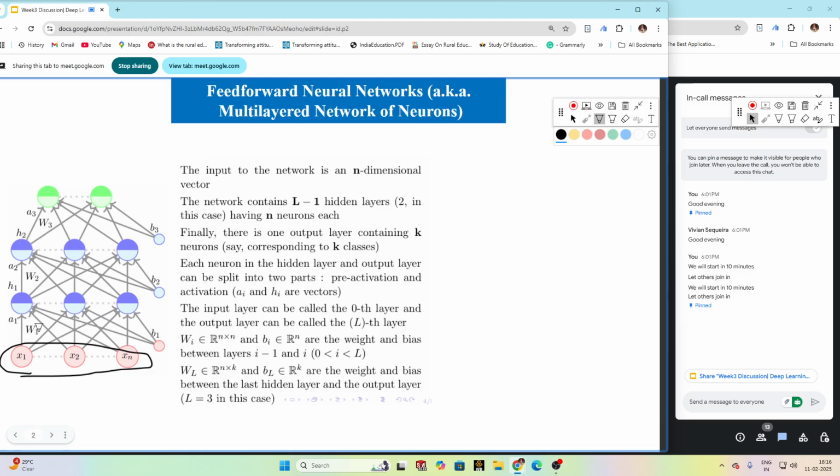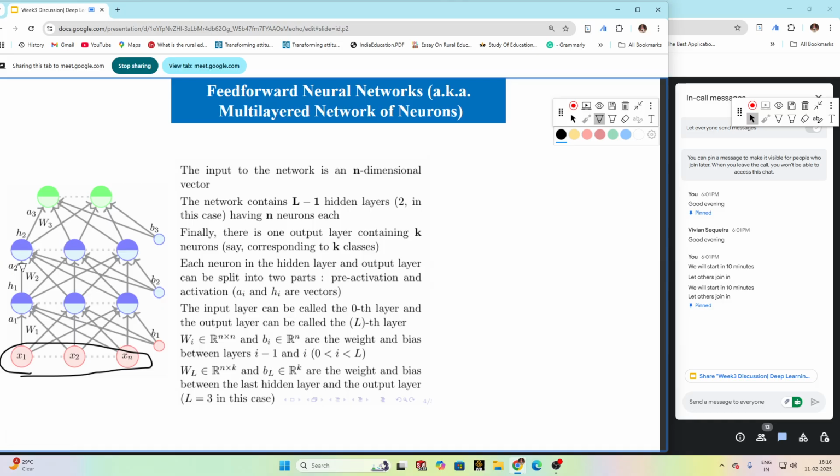So W1 will have weights coming to a neuron, say H1, from all the inputs. So that will form a column vector, and if we put all the column vectors together, we will get a matrix containing the weights of this layer.